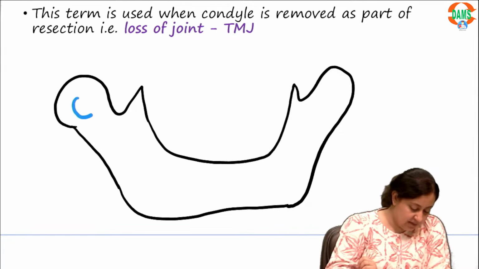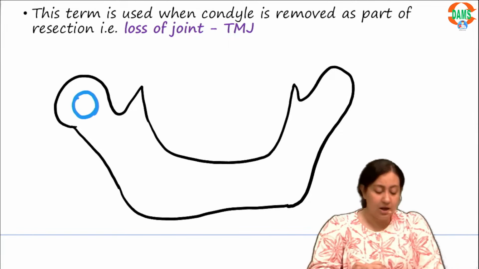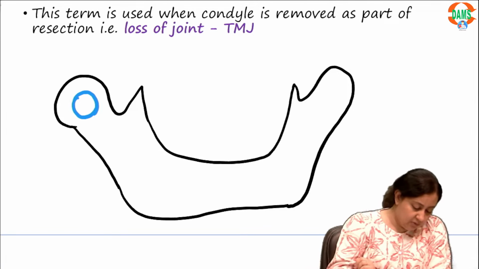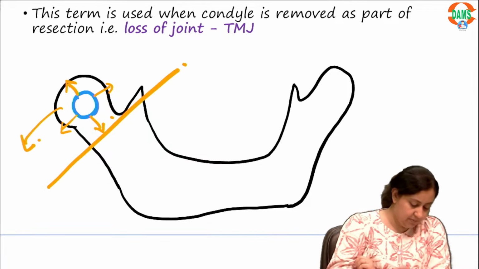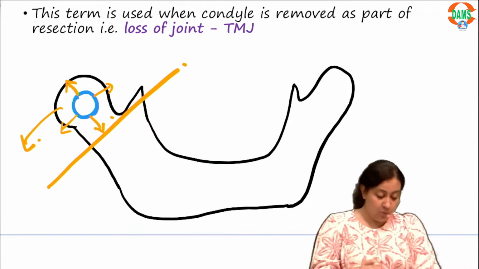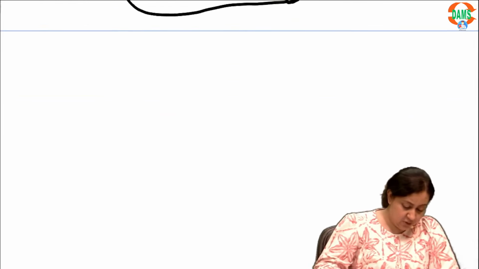Please see carefully. Suppose this is a pathology, alright, in the condyle. Now we will take our margins all around. Okay, so let's say this portion has been removed. Now what will you be left with? Let's see what you will be left with.